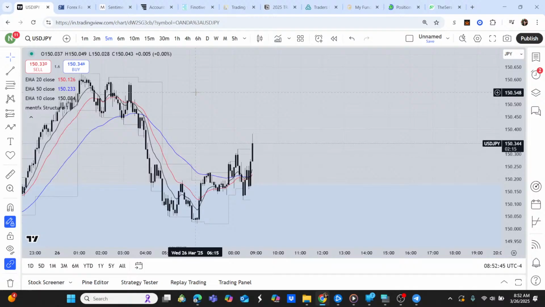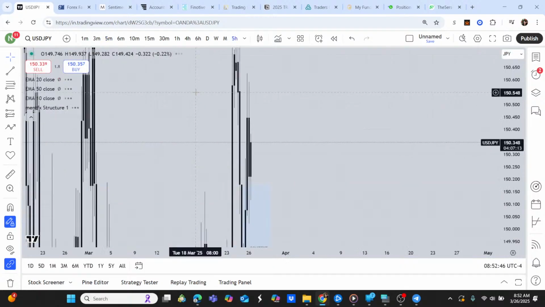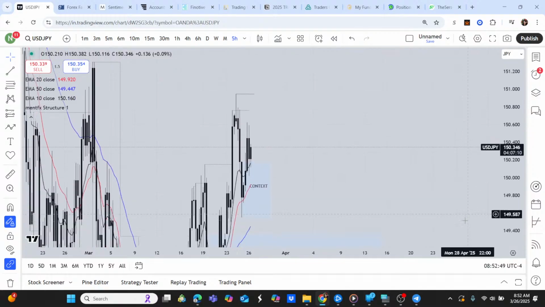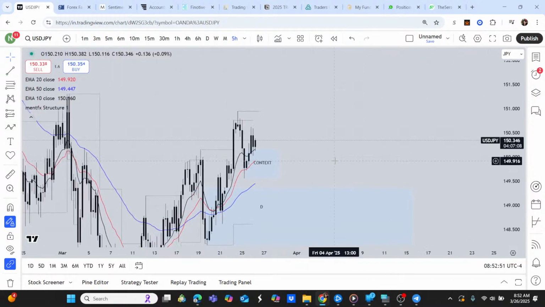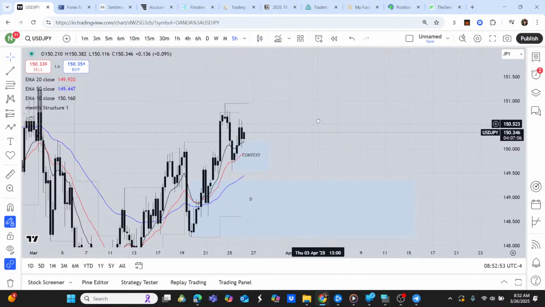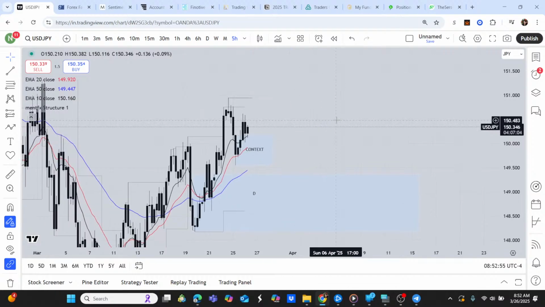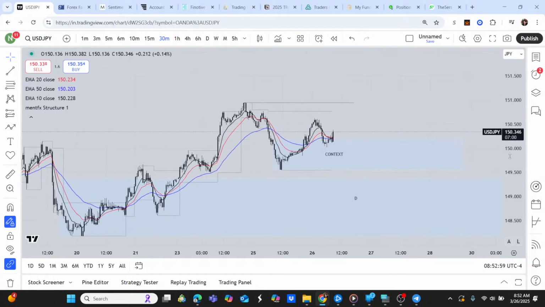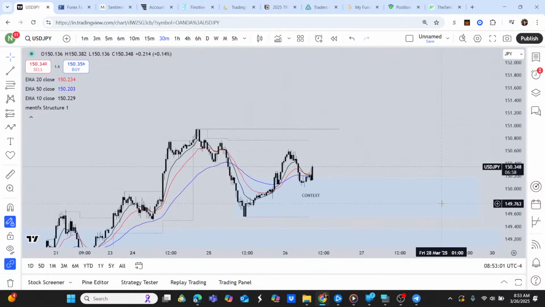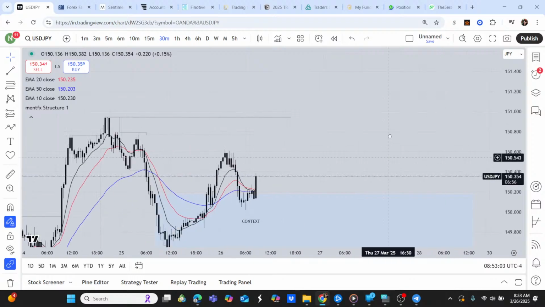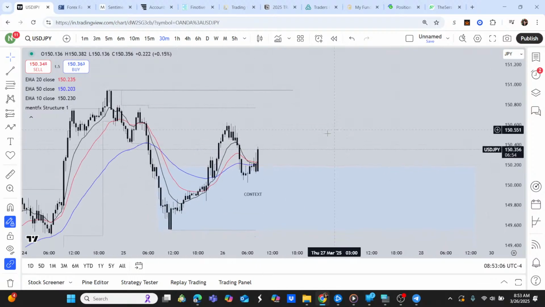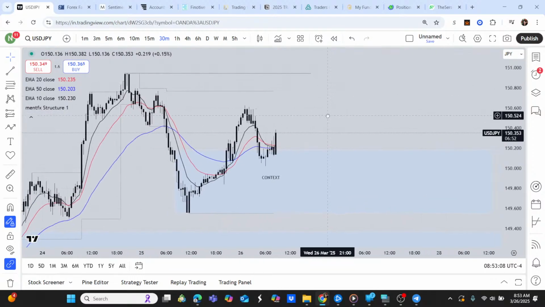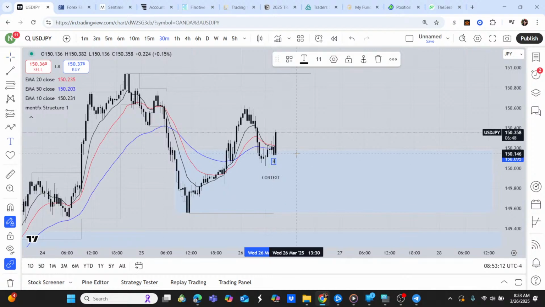Okay, we're gonna start off with the higher time frames to see what we're doing. Okay, everything is moving nicely according to the higher time frame. We go to the 30 minute right here. 30 minute, end up flushing. So you can consider this like a flush right here.